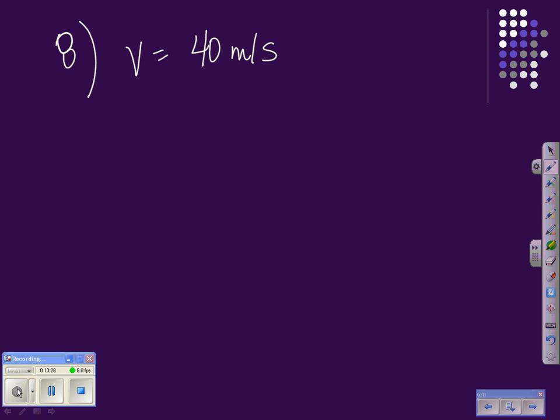All right, it accelerates at a rate of 2 meters per second squared. Meters per second squared is an acceleration value, so I'm going to identify that as A. Find its speed or velocity when it has traveled 200 meters. 200 meters is a distance because the meters tells you length or distance or height.